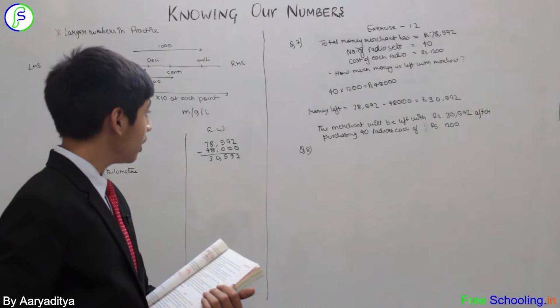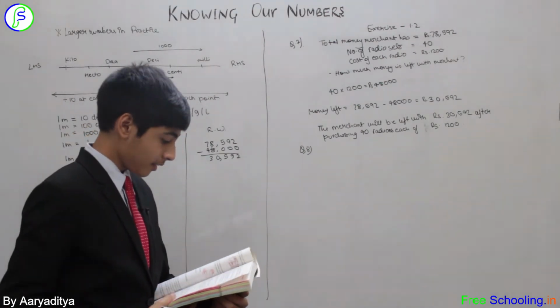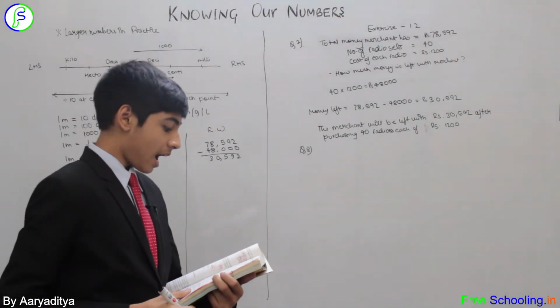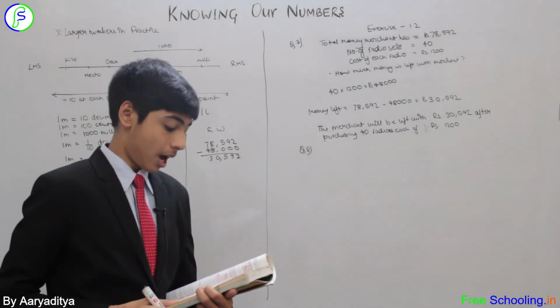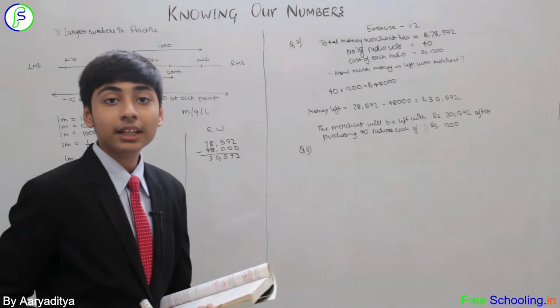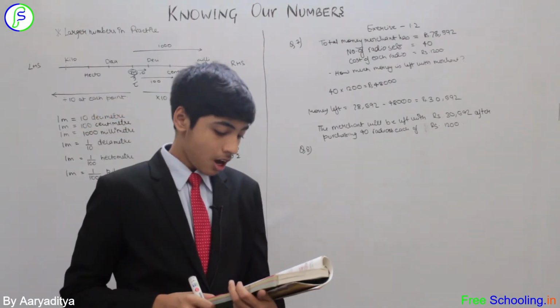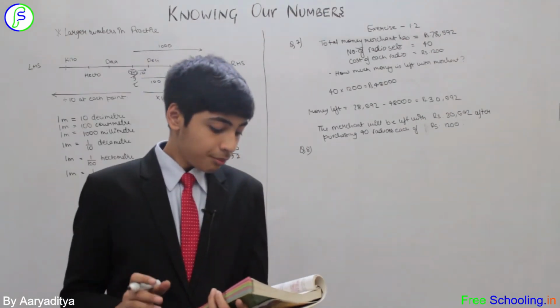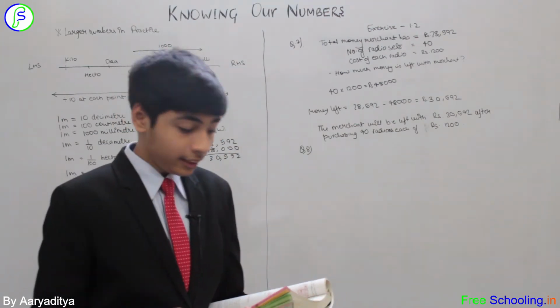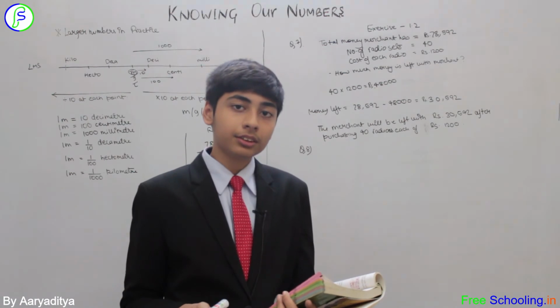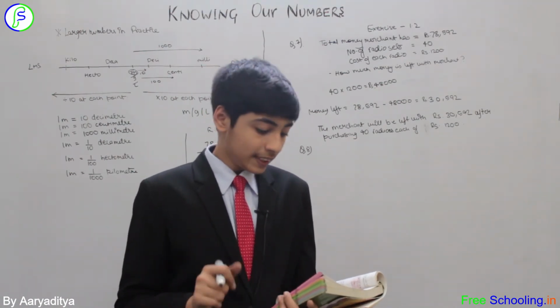Question number 8 says, a student multiplied 7236 by 65 instead of multiplying it by 56. So what did the student do? He multiplied 7236 with 65, but he was told to multiply 7236 by 56.